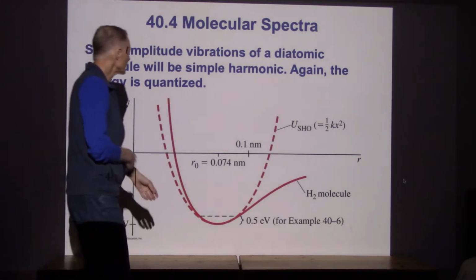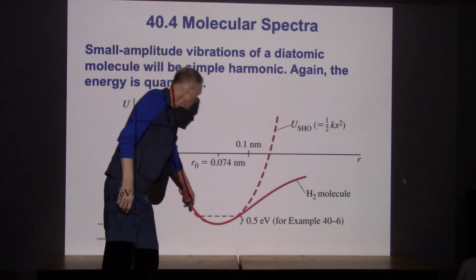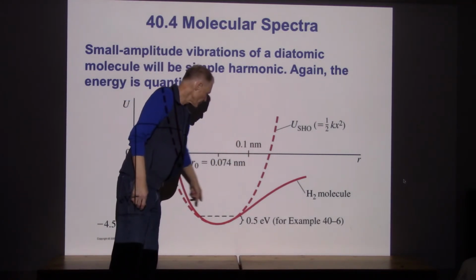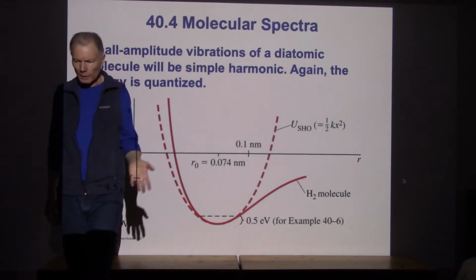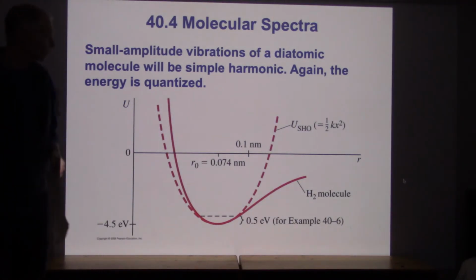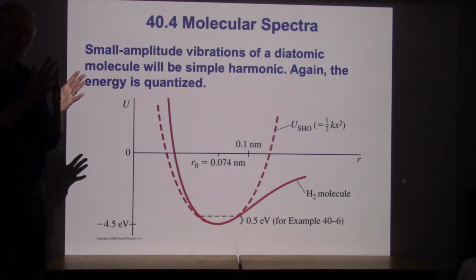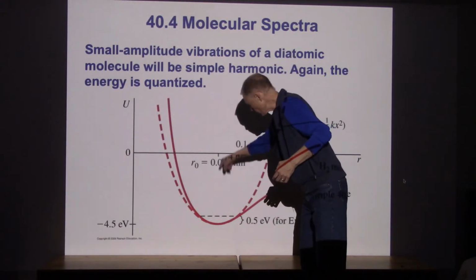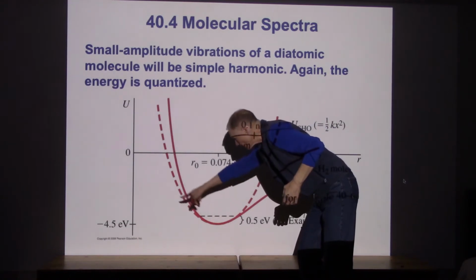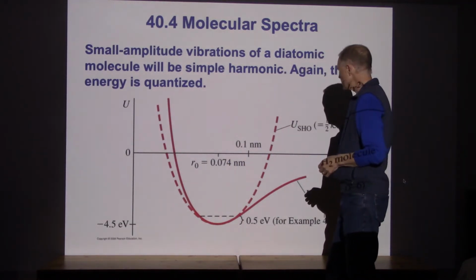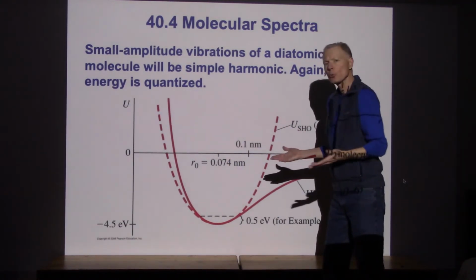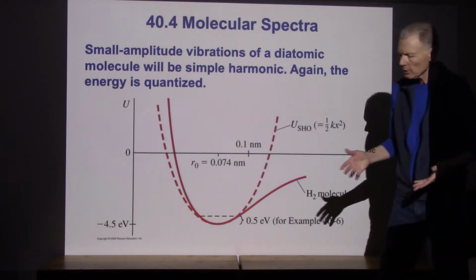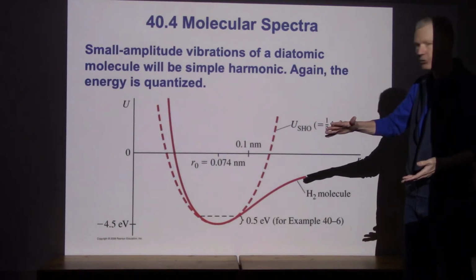To get a parabola representation of this, we would do a Taylor or Maclaurin expansion, where the first term in the expansion would give us the energy here, the minus 4.5 eV. The next term goes away in the expansion because the slope at that location is 0.